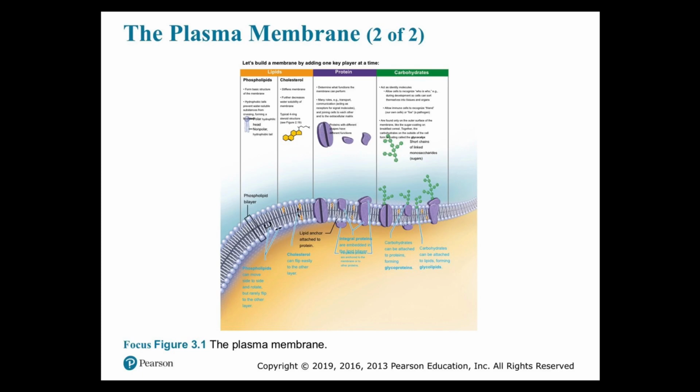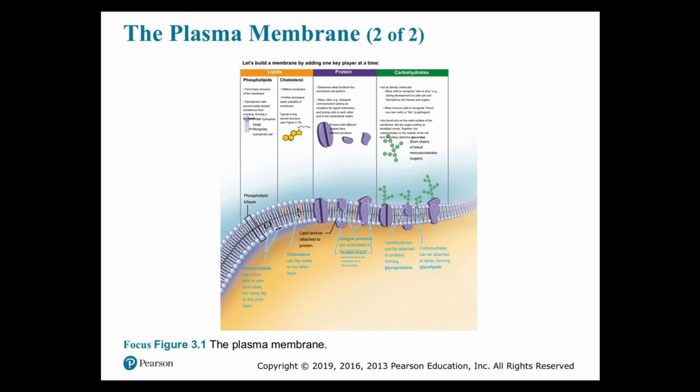Remember, the polar hydrophilic heads will interact with the intracellular fluid inside the cell and the extracellular fluid outside. And then you have the hydrophobic nonpolar tails that will orient themselves towards each other, keeping water away.